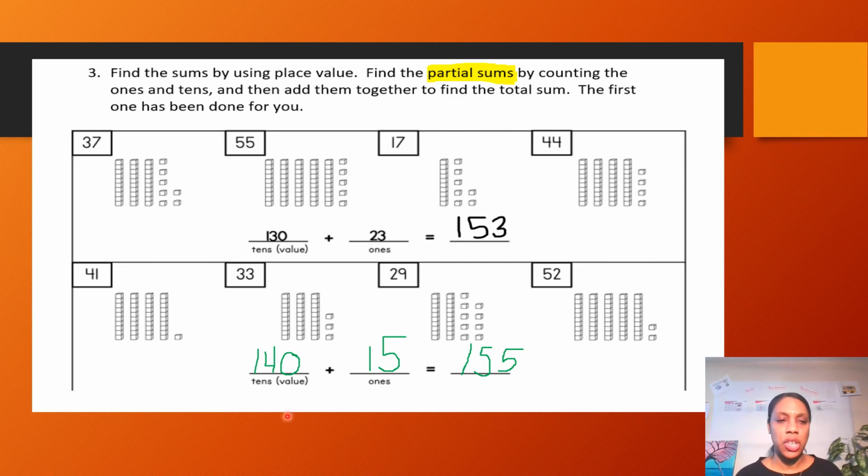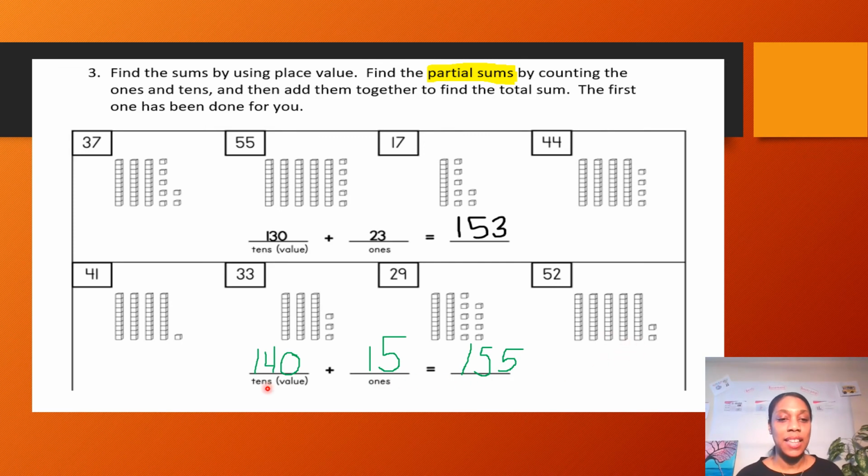Well, let's go back and check to make sure I'm right. I'm going to count by tens this time. 10, 20, 30, 40, 50, 60, 70, 80, 90, 100, 110, 120, 130, 140.